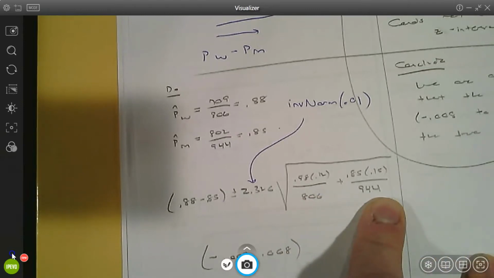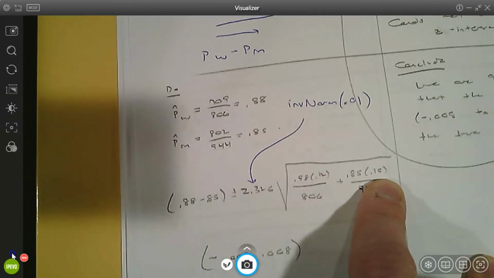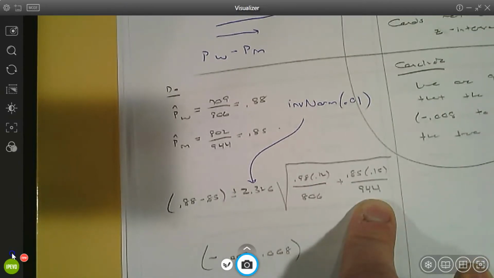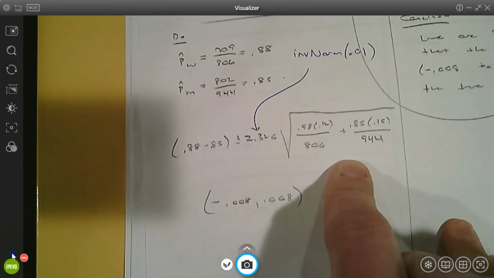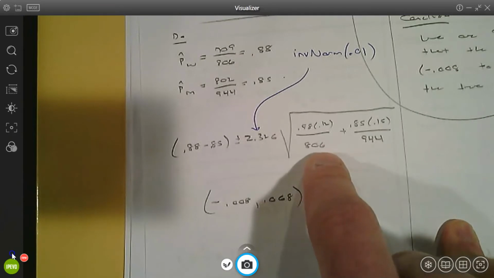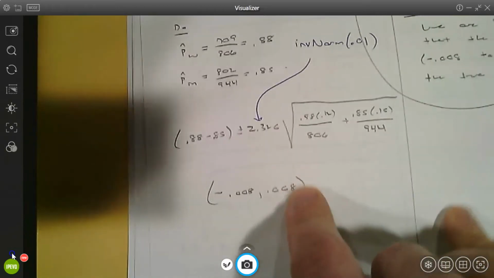Times the standard error. This formula is on your formula sheet as well. 0.88 times the 0.12, 0.85 times the 0.15, divided by the respective sample size. Plug this in the calculator all in one step. I would not encourage piecing it out, just my personal preference. My confidence interval ends up being negative 0.008 to positive 0.068.